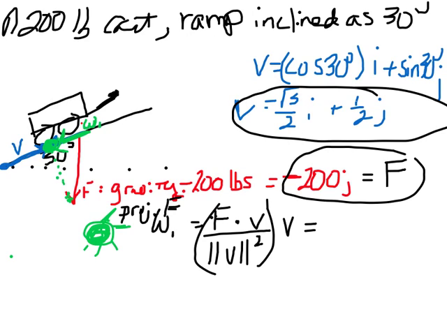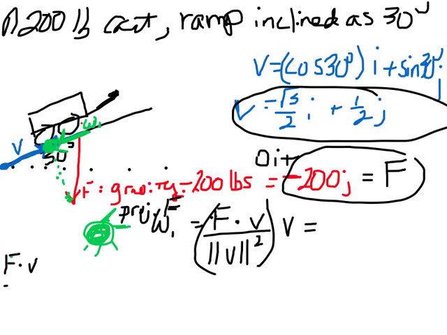So what is the dot product of F dot v? It would be square root of 3 over 2 times 0. Okay, so remember, we take the two x-type components, and there's a 0i that's understood here, because F is just a downward vector, so it has no horizontal part to it.